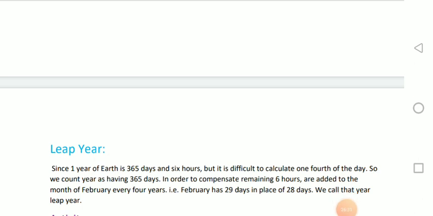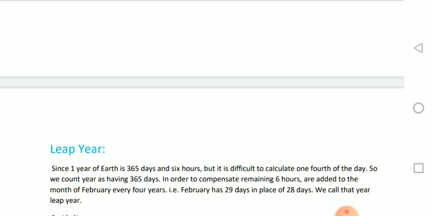Now what is leap year? Since 1 year of the earth is 365 days and 6 hours, but it is difficult to calculate 1/4 of the day, so we count a year as having 365 days.